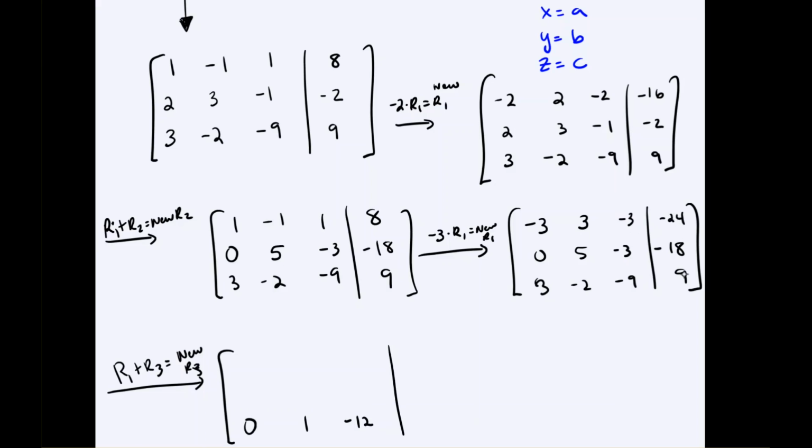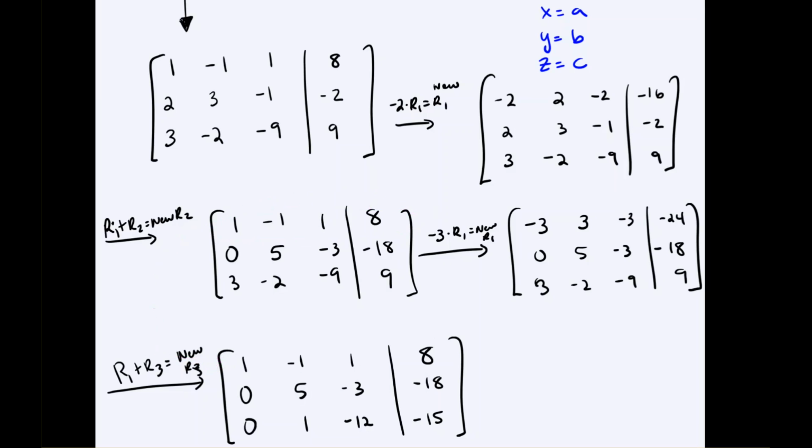Negative 24 plus 9, that would be negative 15. And then we rewrite the second one unchanged because it hasn't moved. And instead of rewriting that first one, we're going to go back to our original first one before we manipulated it to add. Back to this row.